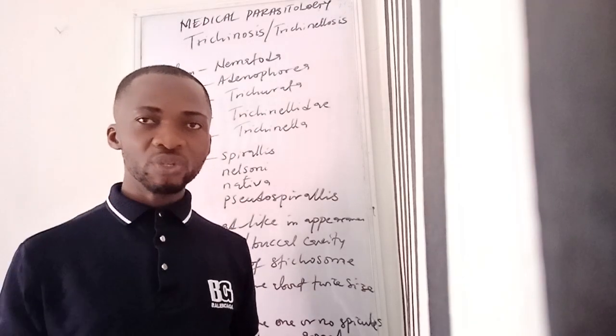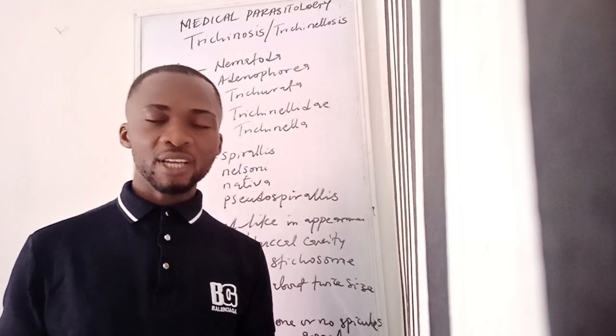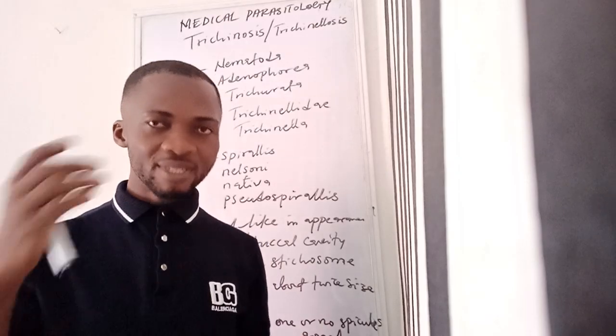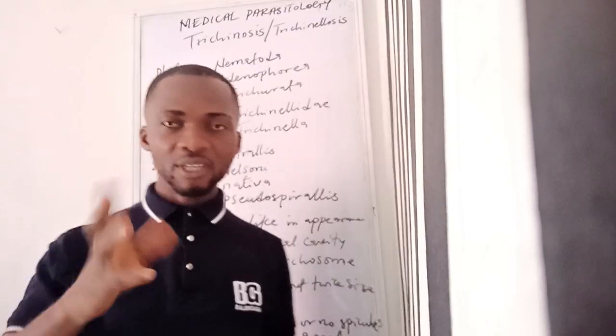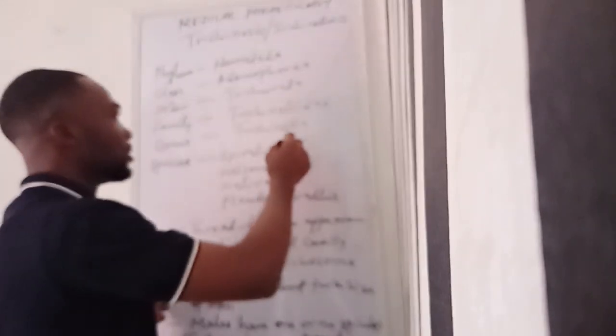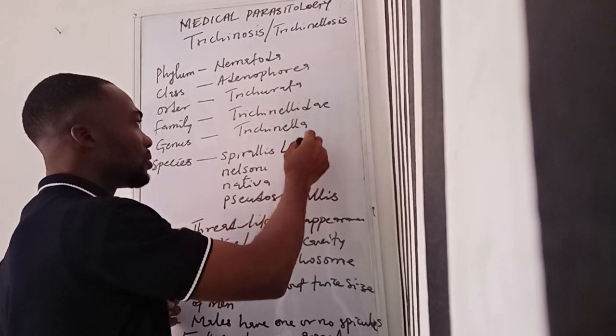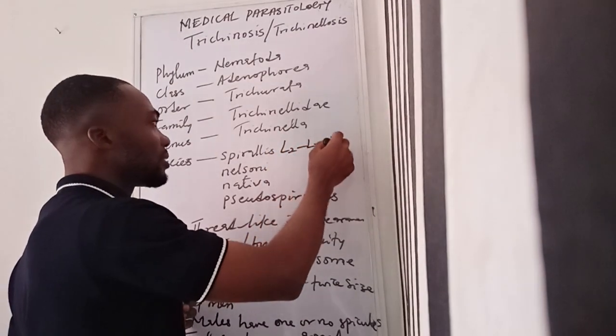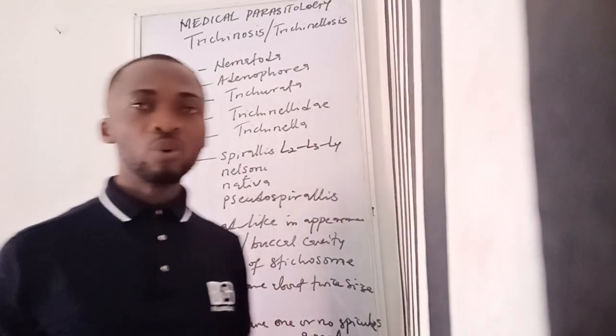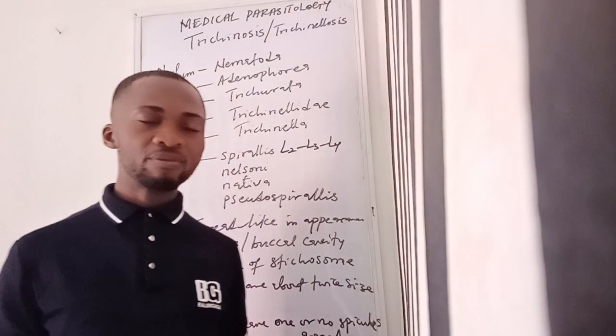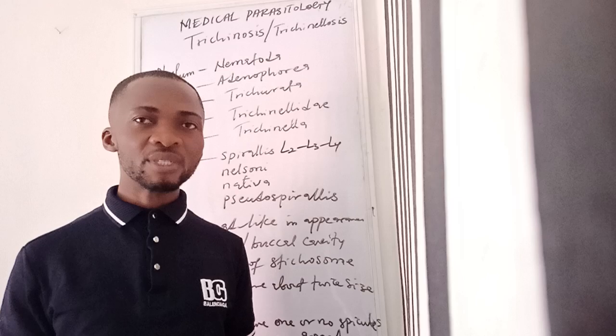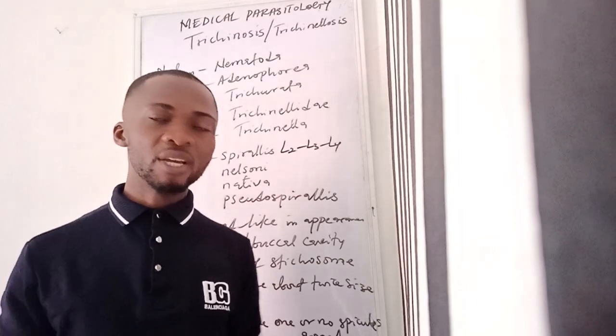When the larva is released within the small intestine, then it molts severally. Remember the pattern of development in nematode parasites: from the infective stage, L1, it molts to become L2, L3, and then L4, the fourth larval stage.